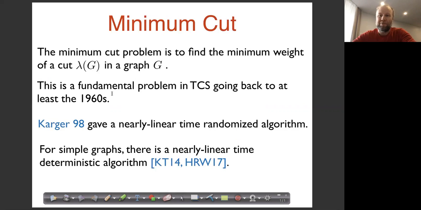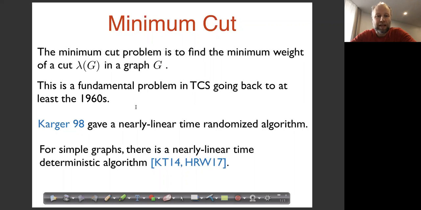Okay, so now we come to the main problem that we're going to be talking about, the minimum cut problem. The minimum cut problem is just, given a graph, find the minimum weight of a cut in the graph. So it's just, find this number, the minimum weight of a cut. We're going to denote that number as lambda of G. This is really a basic problem in theoretical computer science.